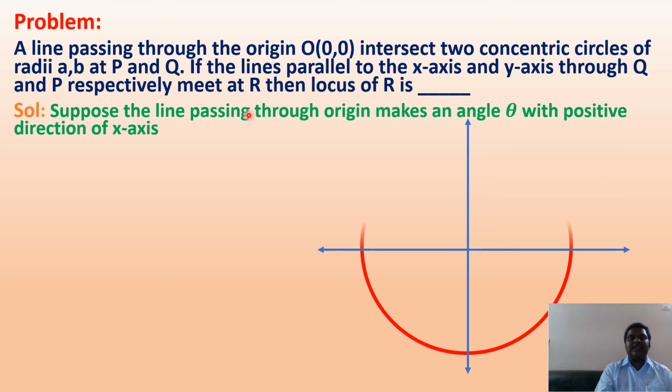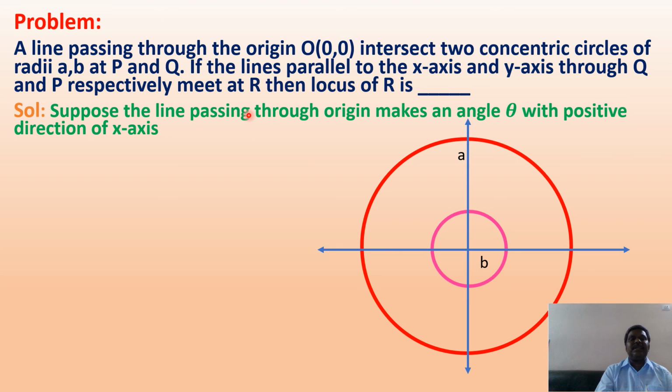This is the first circle having radius a. This is the other circle, which is concentric to the first circle, having radius b. Okay, these are the two given circles. Am I correct or not?